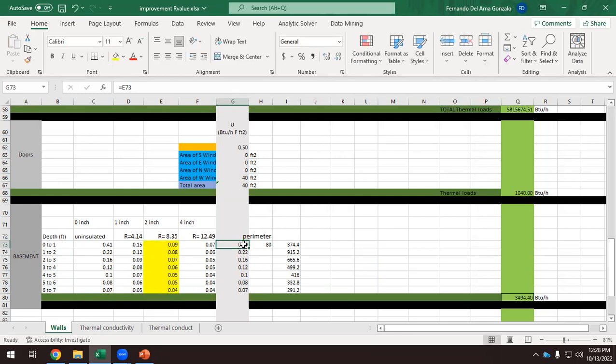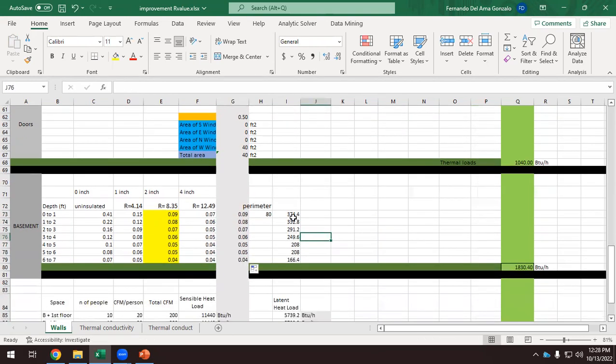We have to drag this down. There. Now this value has changed and the total thermal load has changed. So on the basement, we have to consider this column, not the first row and then the uninsulated column. If we apply 2 inches on the basement wall, we have to use this column. Okay.